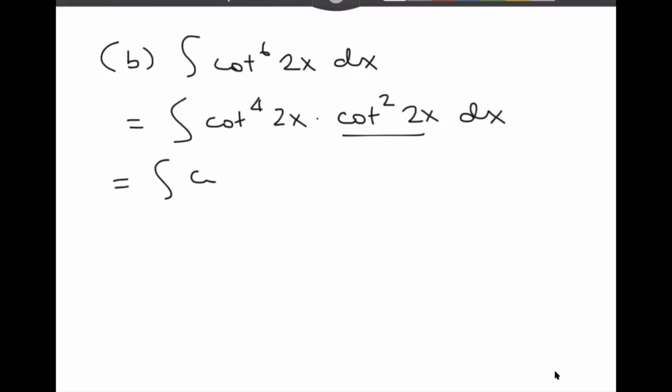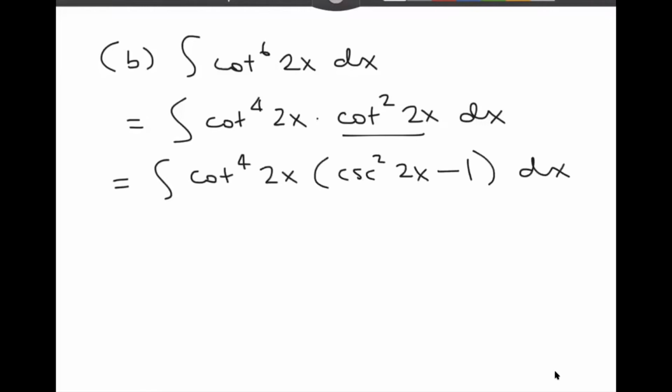And that was when I did my derivation of the identity. So I don't need to show it to you every single time. All right. So by the pre-calculus Pythagorean identity, cotangent squared 2x is cosecant squared 2x minus 1.